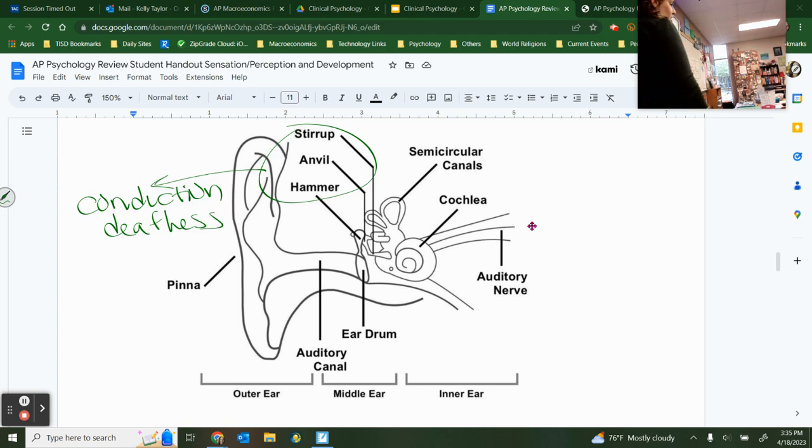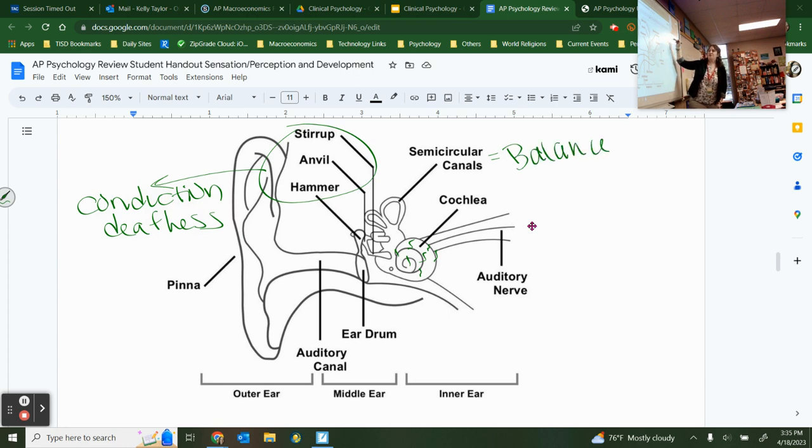There's the cochlea. Maybe we can draw little hairs on it. And there are the semicircular canals. This is where balance is. If you have an ear infection, maybe you get a little wobbly.